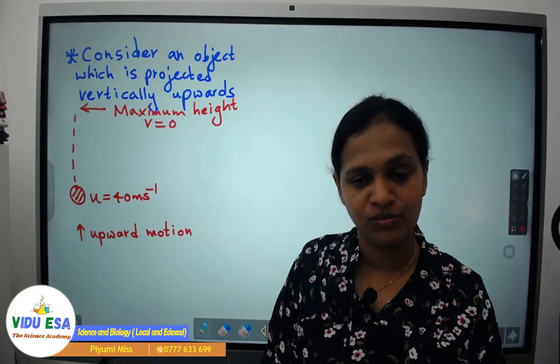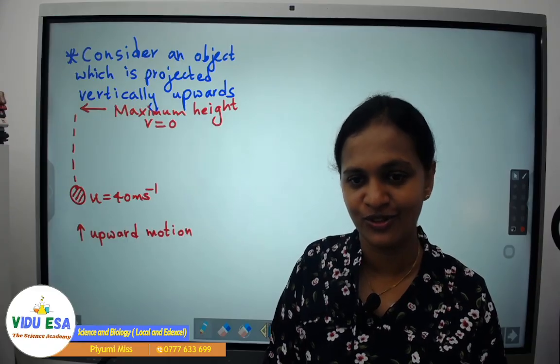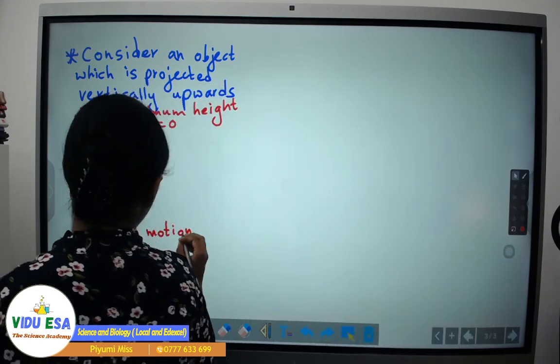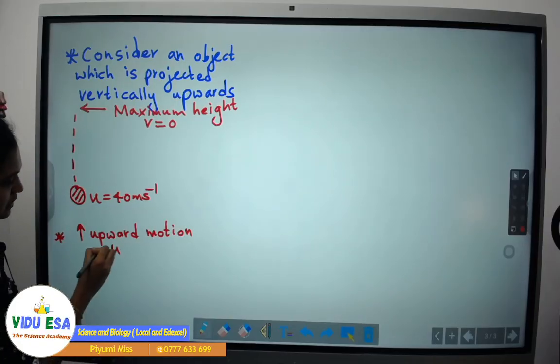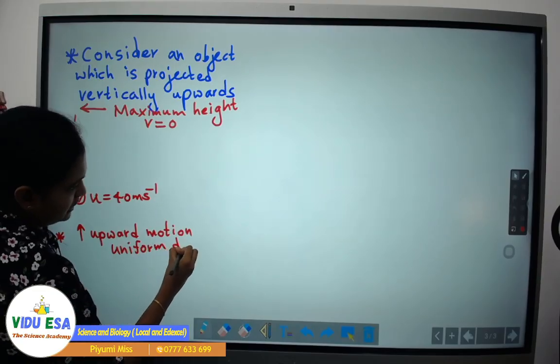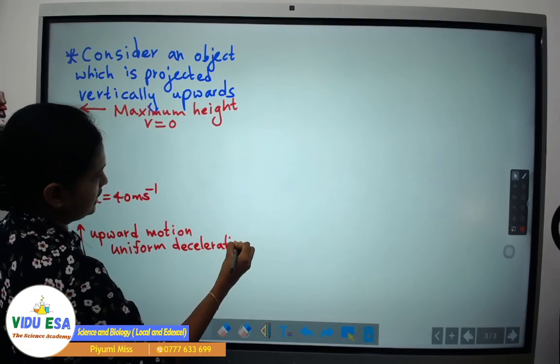Therefore, it is moving in a uniform deceleration. Upward motion is a uniform deceleration. Right? Uniform deceleration.